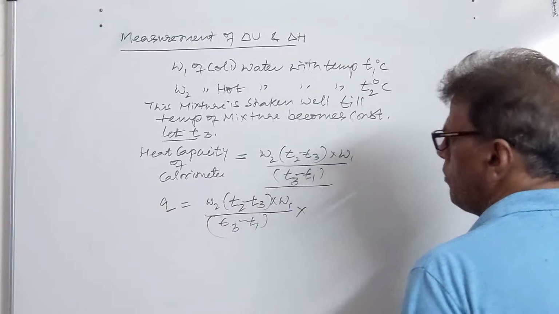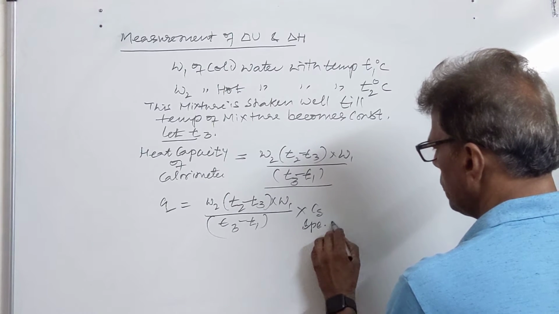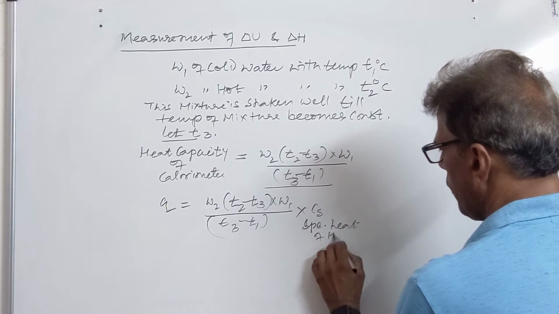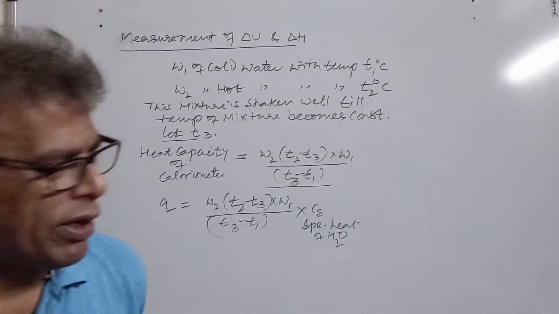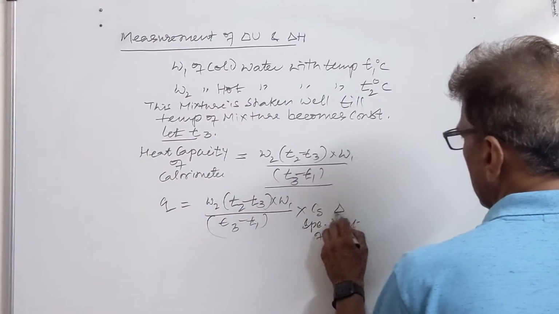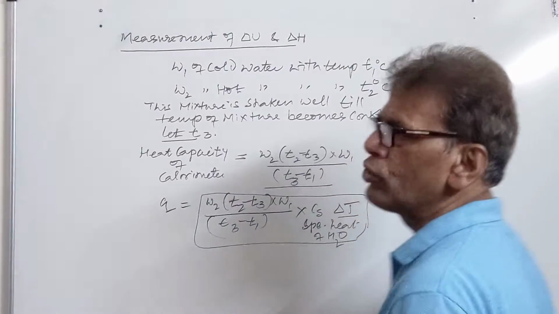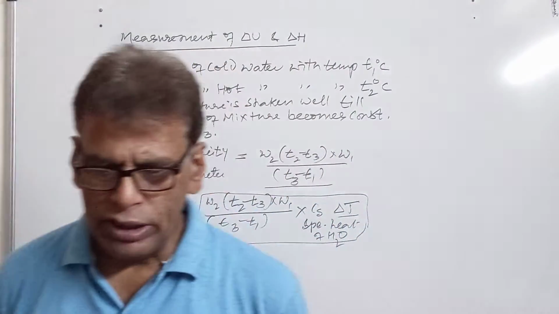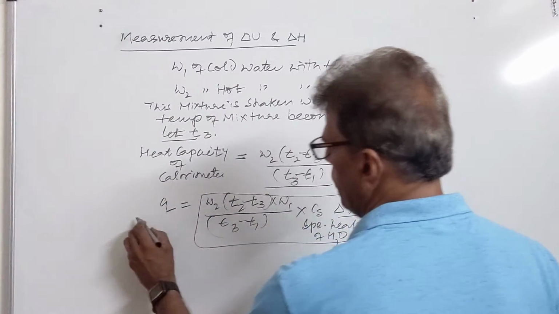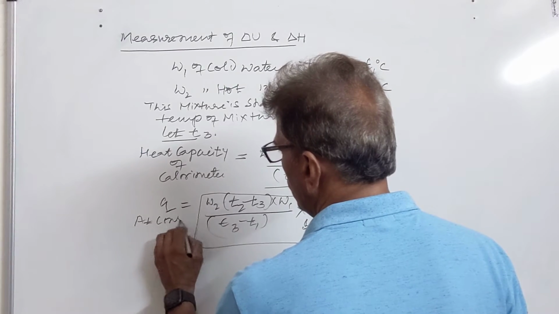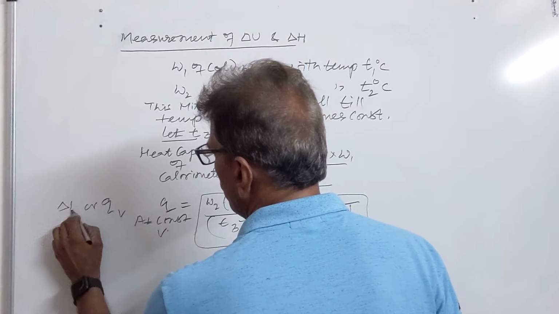Now it is to be multiplied by the specific heat of water, which is surrounding the internal vessel where the compound has been burned, and multiplied by delta T, that is the change in temperature of the water taken outside the vessel in which the compound is burned. Then we have the measurement of delta H. This heat change is measured at constant volume, so it is called QV, or delta U.